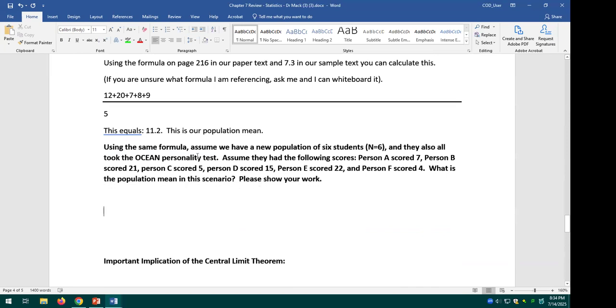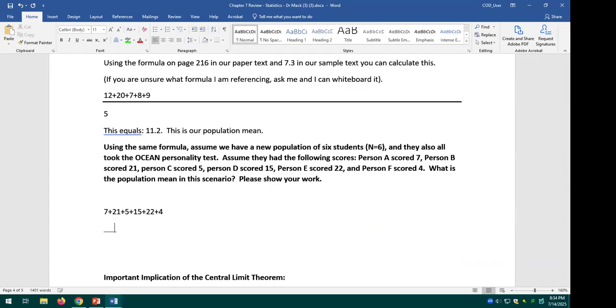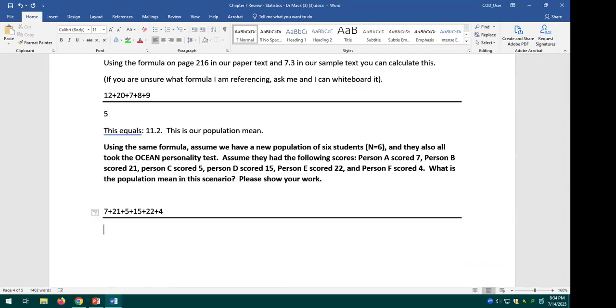So using the same formula, you get a new population of 6 students, and they also took the Ocean personality test. Person A scored 7, person B scored 21, person C scored 5, person D scored 15, person E scored 22, and person F scored 4. And we divide all that by 6, and that will give us our population mean.